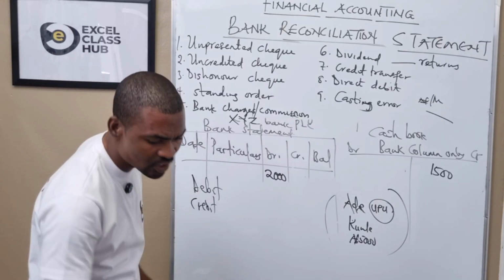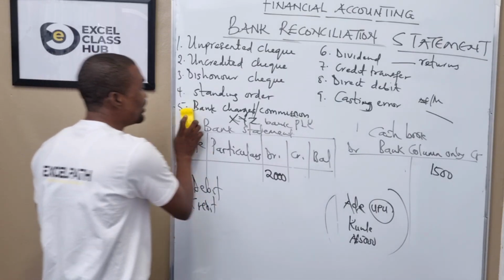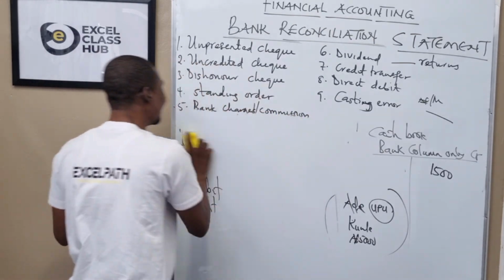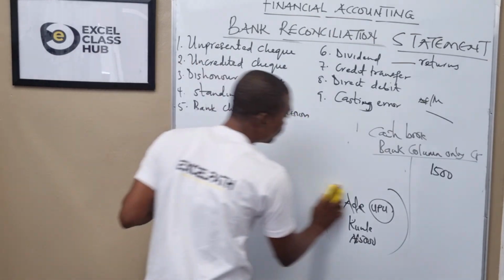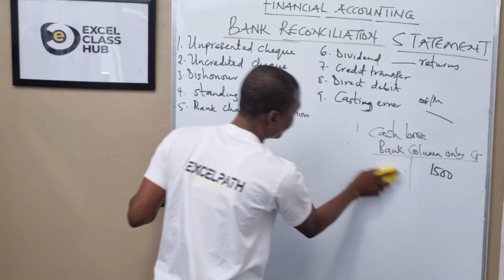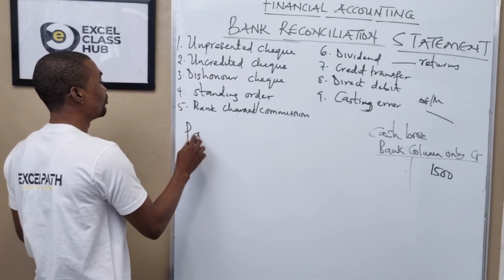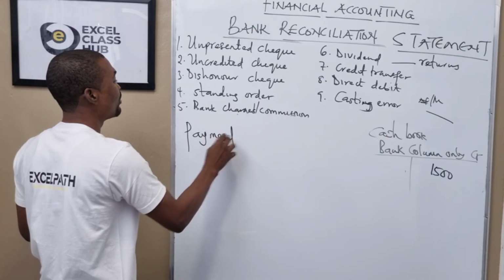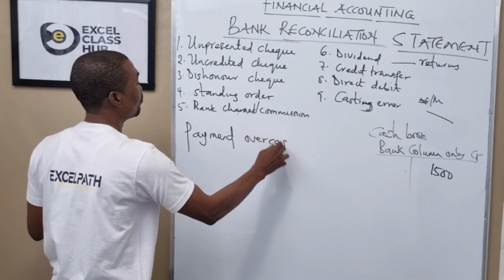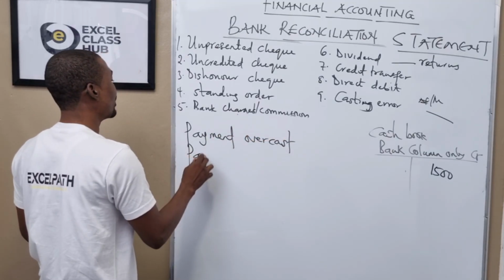Now, number 9 reason why your bank statement may not agree with your cash book is casting. So casting, you can have payment overcast. You can have payment undercast.